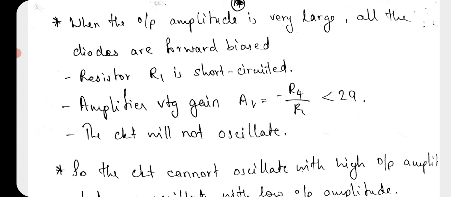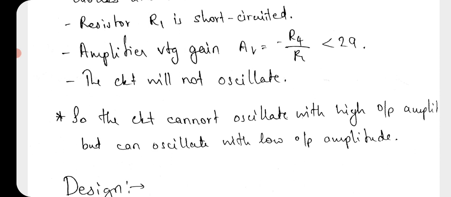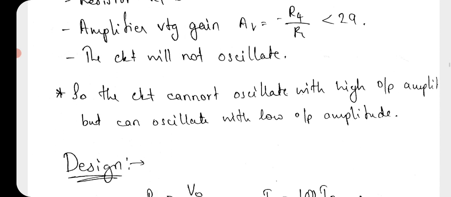So this is the purpose of connecting diodes, because diodes will bypass the resistance and decrease the resistance, which will further decrease the gain, and the circuit will not produce oscillation. So the circuit cannot oscillate with high output amplitude, but it can oscillate only with low output amplitude. This is the purpose of connecting diodes in such a way that the output gets stabilized.